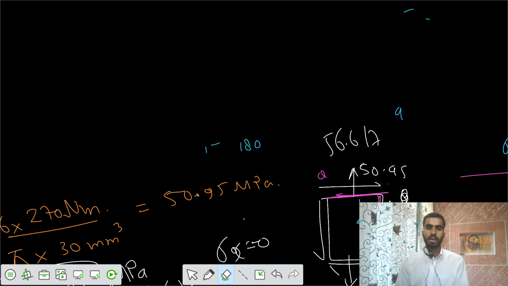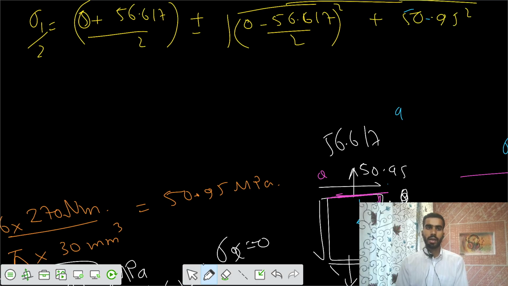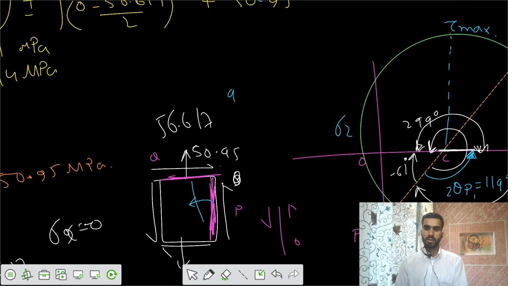Sigma 1 is equal to sigma x plus sigma y by 2 plus minus the root of sigma x minus sigma y by 2 whole square plus tau xy whole square. And you can get the value of sigma 1 and sigma 2. Sigma 1 would be equal to 86.54 megapascal and sigma 2 is minus 29.94 megapascal. So we have this one.